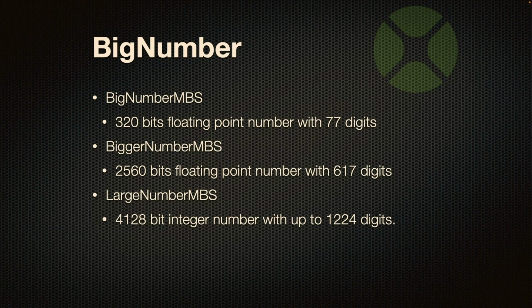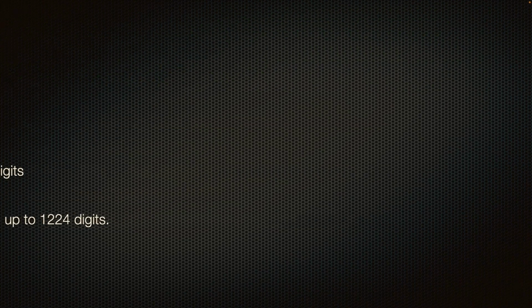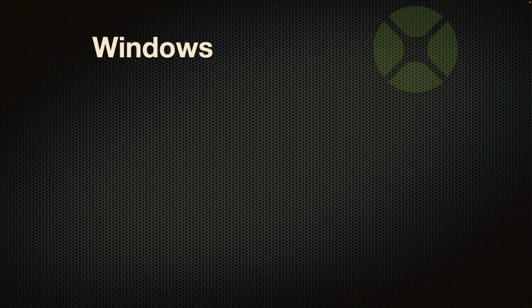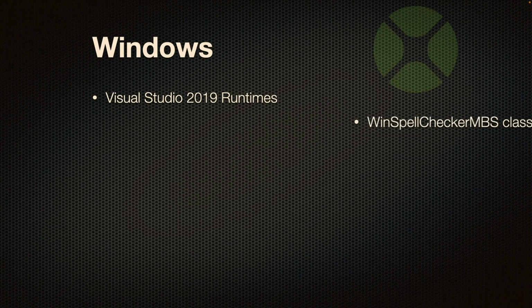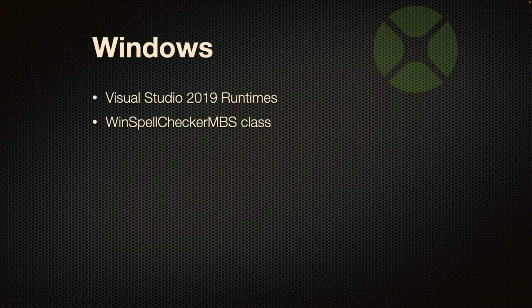Can be useful. Then we have some things for Windows. Some time ago, I upgraded my build environment to Visual Studio 2019, which then also means that we require for some plugins the newer runtime libraries. We got a spell checking class for Windows. We also have one for Mac, of course.